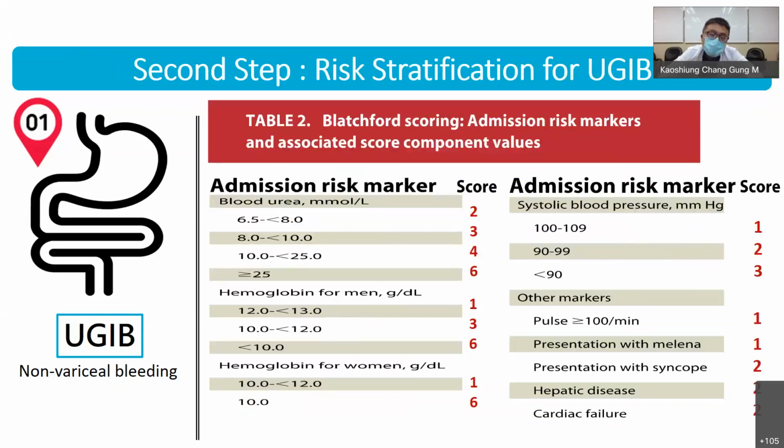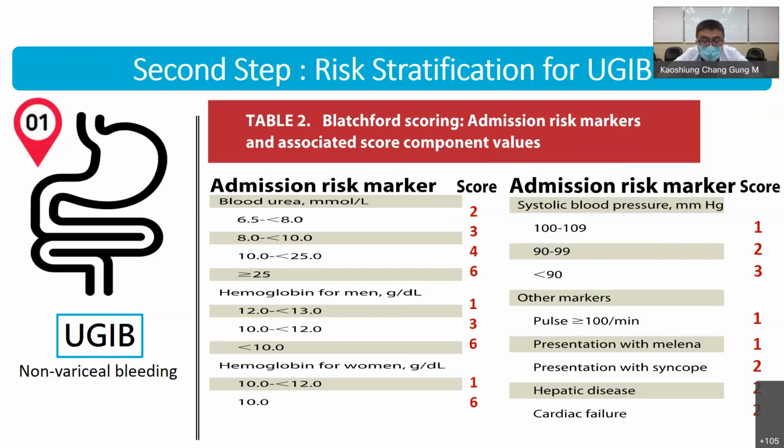Second step, if patients have relatively more stable hemodynamics, the next step is risk stratification for the upper gastrointestinal bleeding. We have a lot of scoring systems to evaluate. This is an example for you, called the Glasgow-Blatchford scoring system.